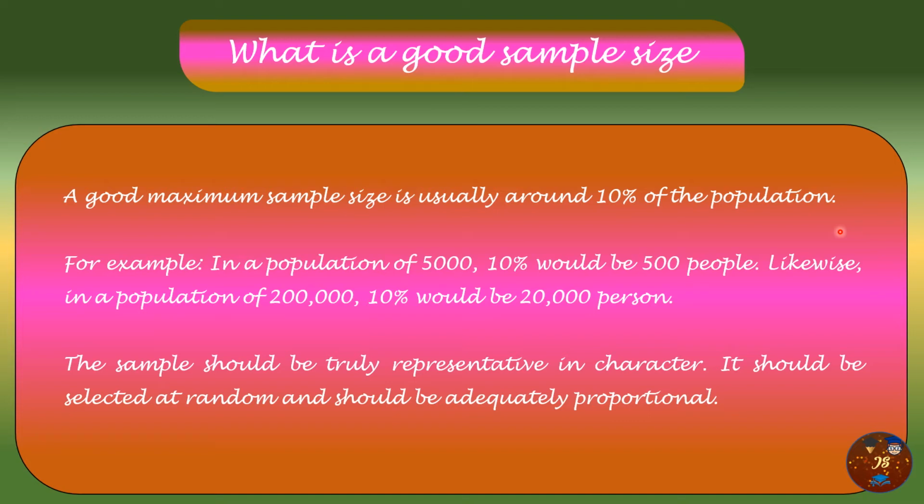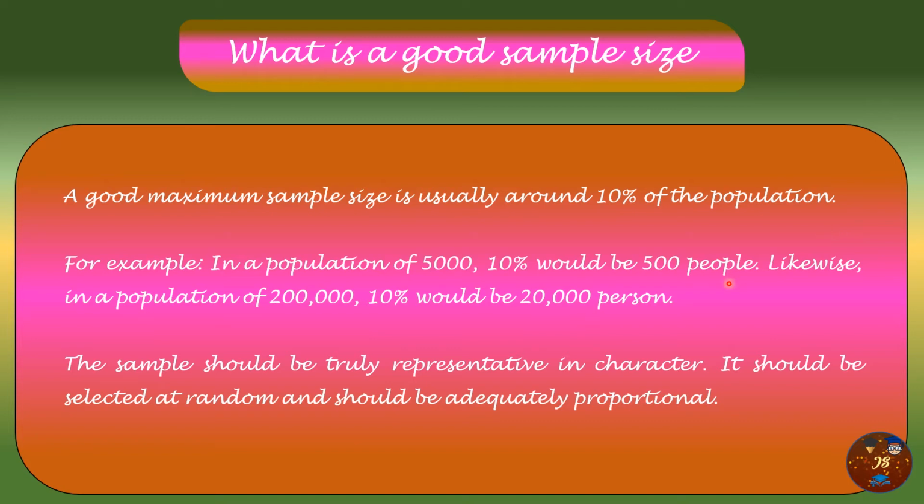So for example, in a population of 5,000, 10% would be 500 people. If the sample size is 500 for 5,000 people, that means 10% of the whole population, then it will be a good representative of the whole population, and that sample size may give a fairly good result which will represent the characteristics of the whole population.